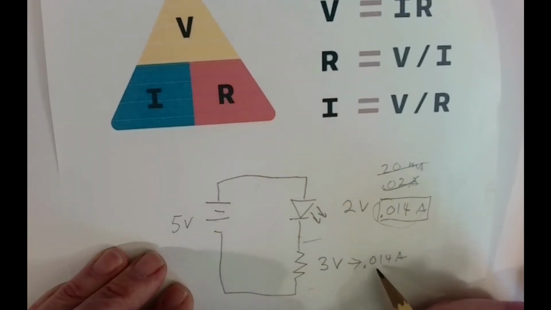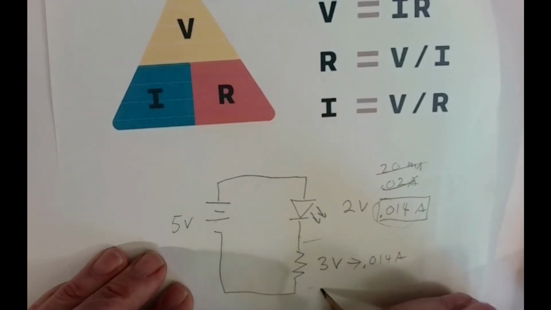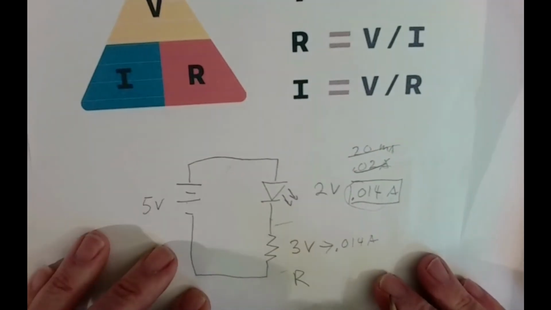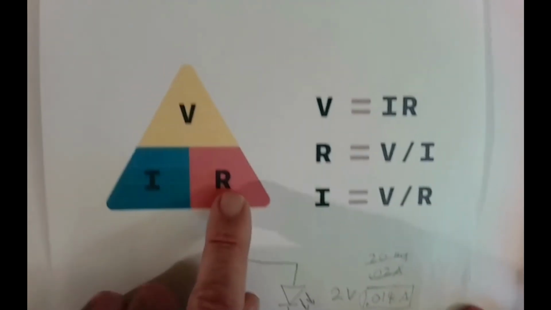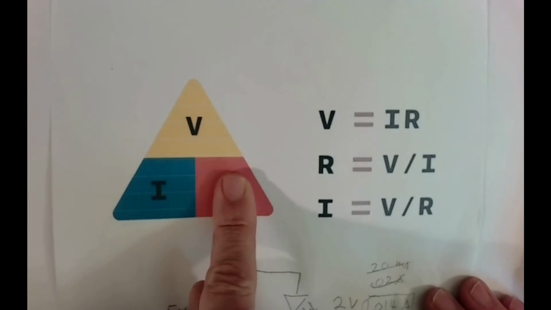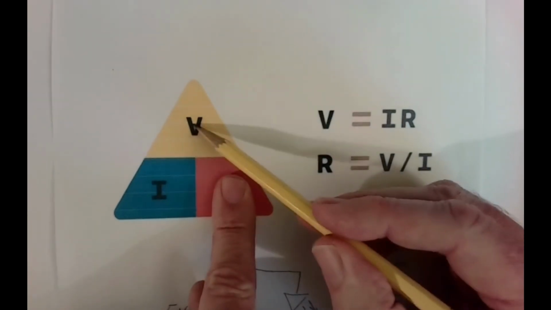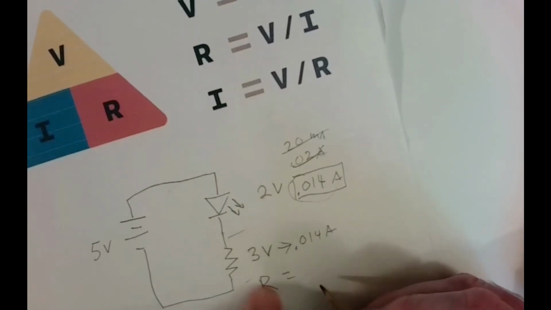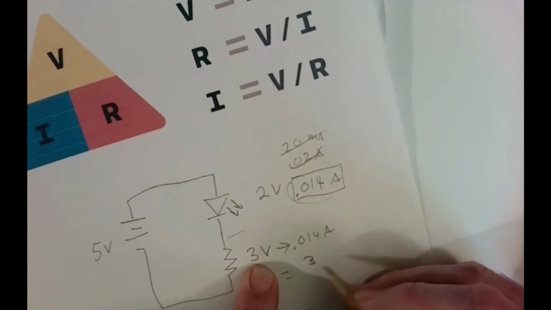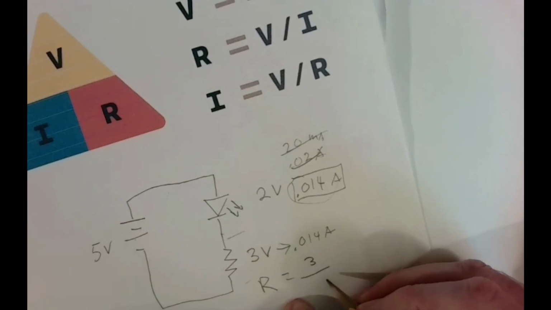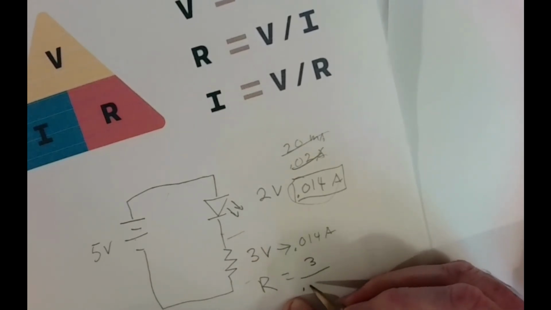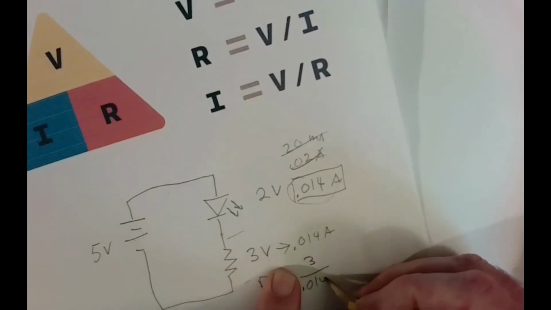All right. So what I want to calculate is what is the value of R. Well, I can calculate the value of R with this formula. I'll put my finger on the R, and I'll take the volts divided by the current. So R equals the volts, which is going to be 3, divided by 0.014 amps.